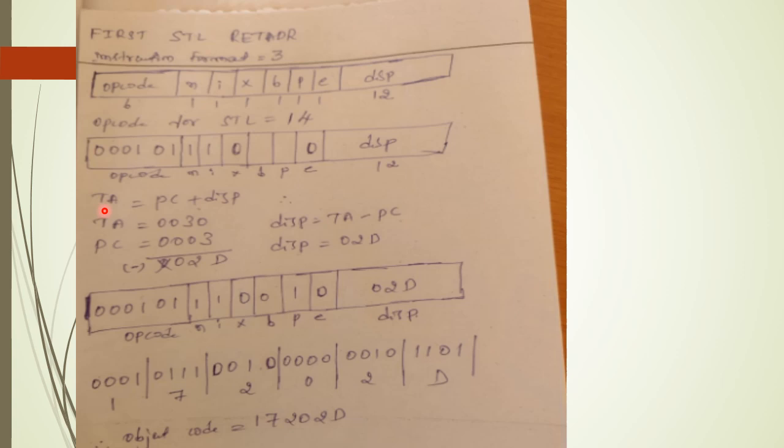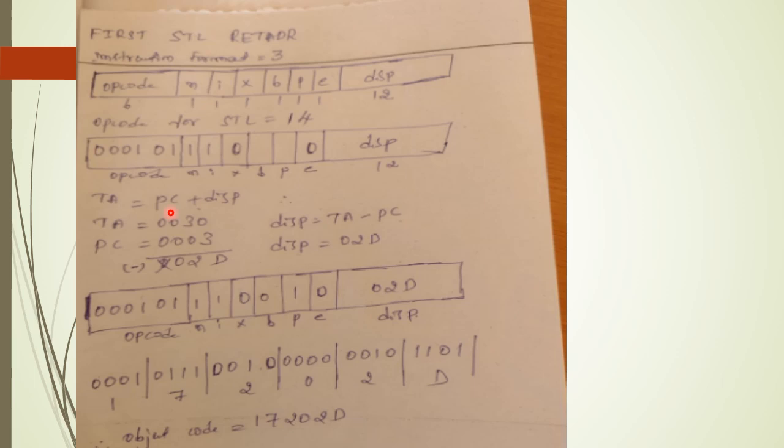So you know that with respect to PC relative or base relative, first we'll assume that for all instructions the addressing will be calculated by assuming PC relative. So target address is equal to PC plus displacement. We know the address of an operand, and we know the value of the PC, that is the program counter. What will be there in the program counter?